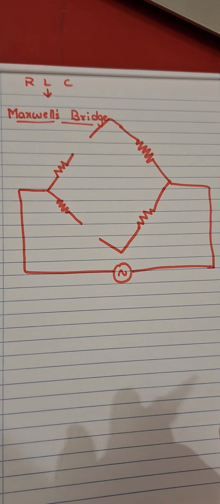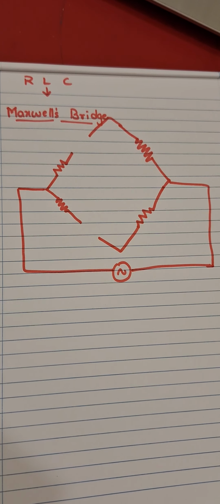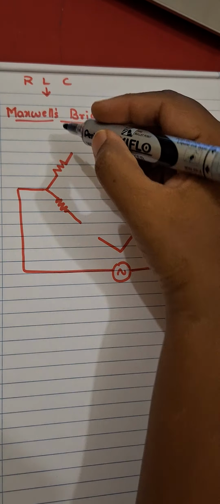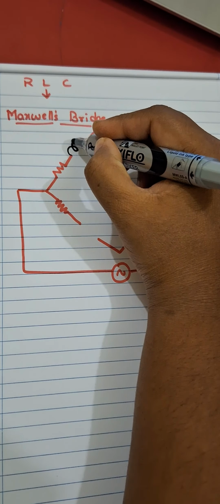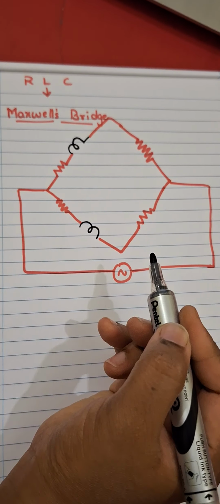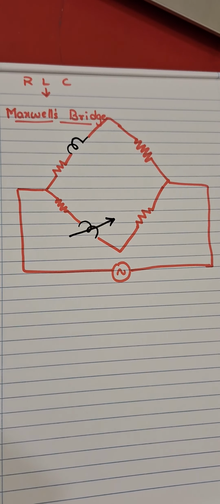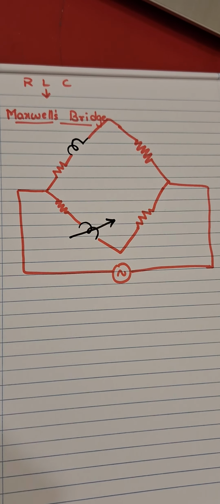But here the difference for the Maxwell's bridge method is, here we are going to have an inductor, because as I said, Maxwell is used to find the value of inductor in the circuit. So this is the little difference, that's it. Clear?